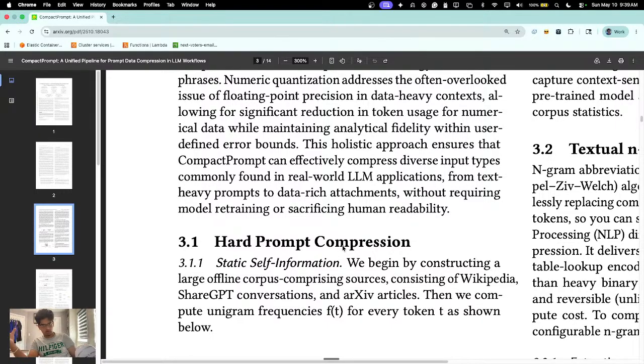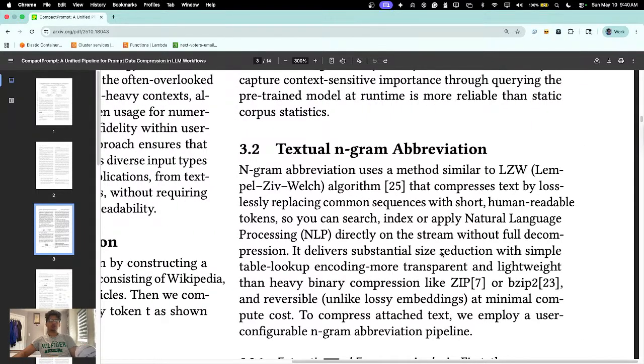However, in my agentic workflow, I have large amounts of data files coming into the flow, and as such, I need a way to compress those textual files so that they can be used in a way that will not lead to context rot within my LLM brain. So textual n-gram abbreviation is a way for us to implement that into data files, to allow the LLM to still understand what the data file means, but reduce the overall amount of tokens that it consumes.